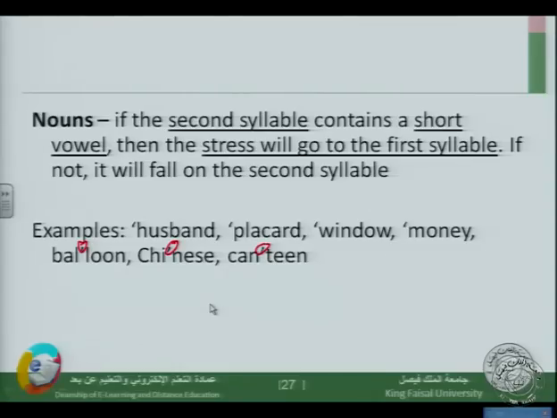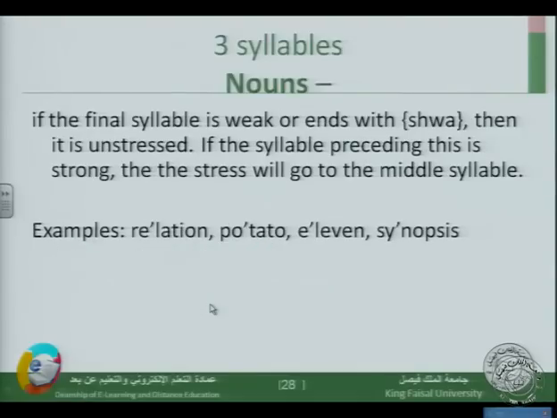a schwa. Okay? For nouns with 3 syllables, if the final syllable is weak or ends with a schwa, then it is unstressed. If the syllable preceding this is strong, the stress will go to the middle syllable, like relation, potato, leaven, synopsis. Notice the stress came on the second one.